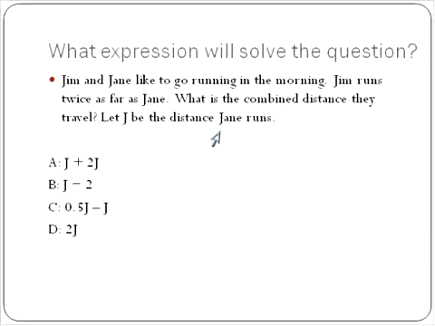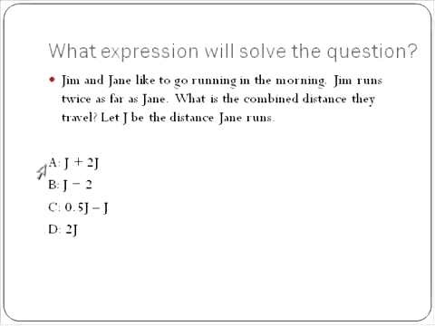This one here says 0.5 times J. That's half the distance, 1/2 times J, or 1/2 times the distance that Jane runs, minus the distance Jane runs. That's not going to help us out very much. How about Jane's distance divided by 2? Again, that's not going to give us what we're looking for.